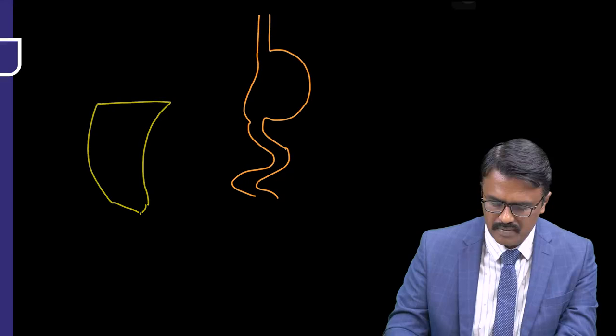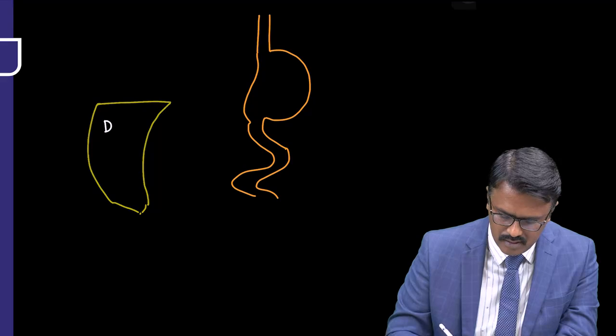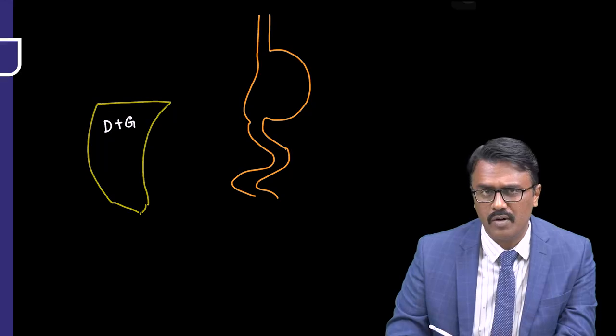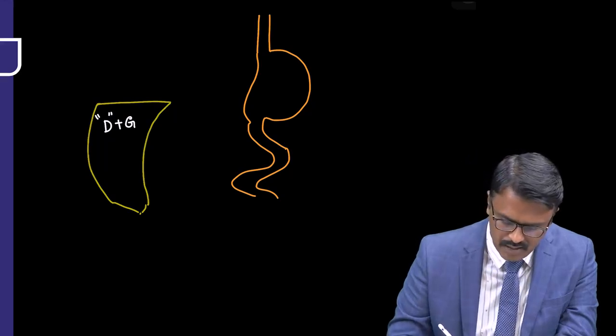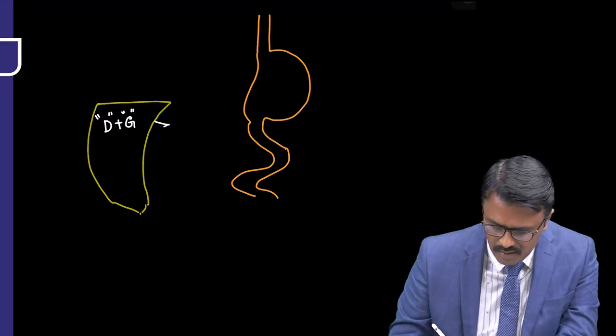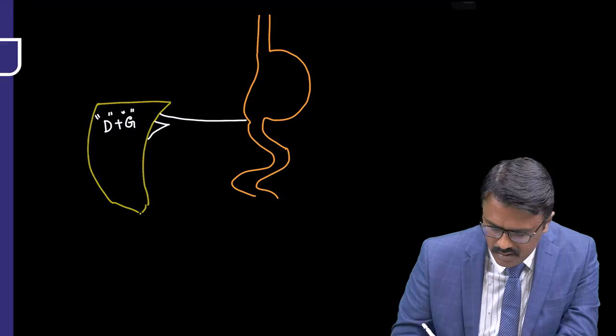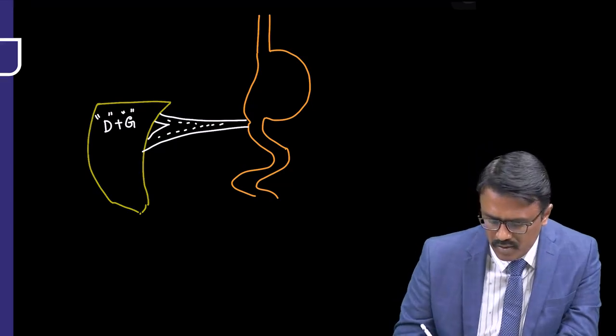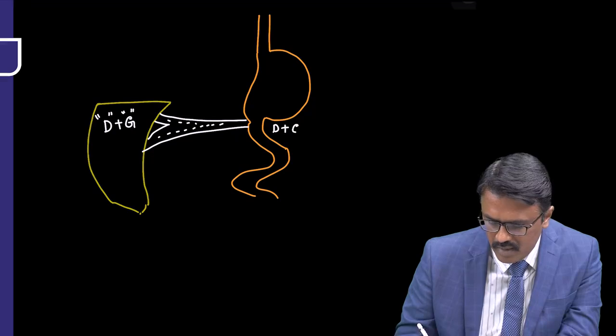Let me take an example of a drug. So drug will undergo metabolism. So let us think that drug has undergone conjugation with G, glucuronide conjugation. So D for drug and G for glucuronide conjugation. So the liver will eliminate it by bile. So this is the biliary tract through which the drug goes. So when the drug goes, it is eliminated, drug plus glucuronide.